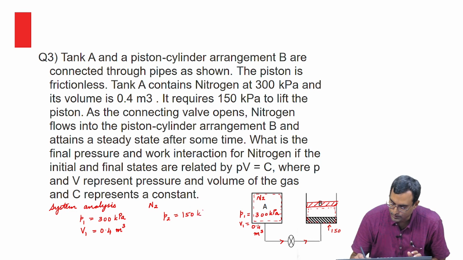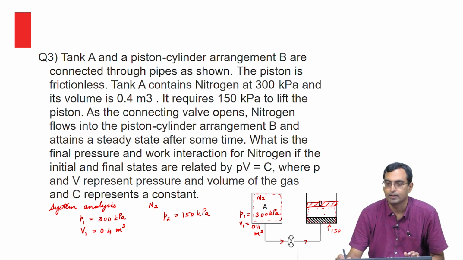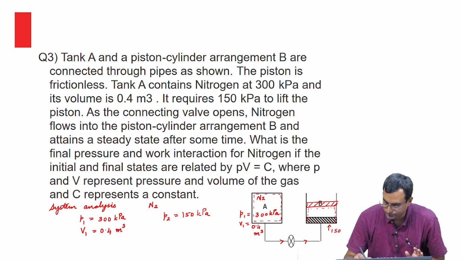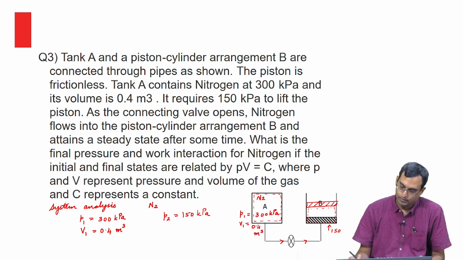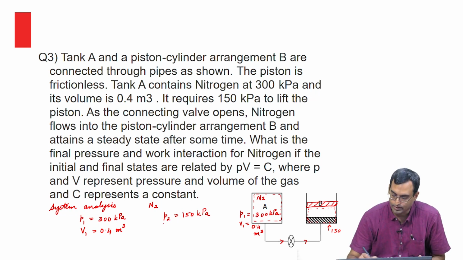All through the process, while this is moving, it is near equilibrium, it is quasi-static. Through the entire process, the pressure here is 150 kilopascal. That is also something which we know. So, whenever this piston is moving up, the pressure below it is 150 kilopascal, which means that it undergoes a constant pressure process.